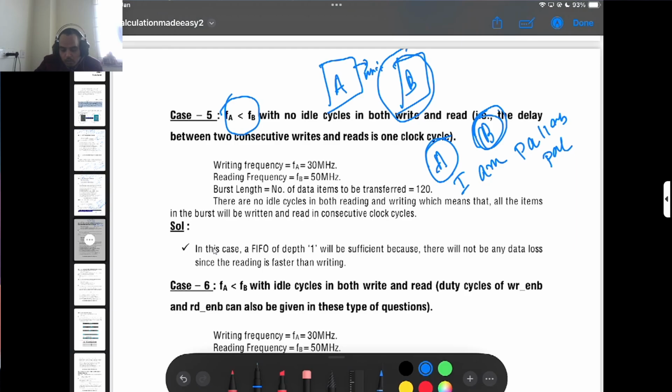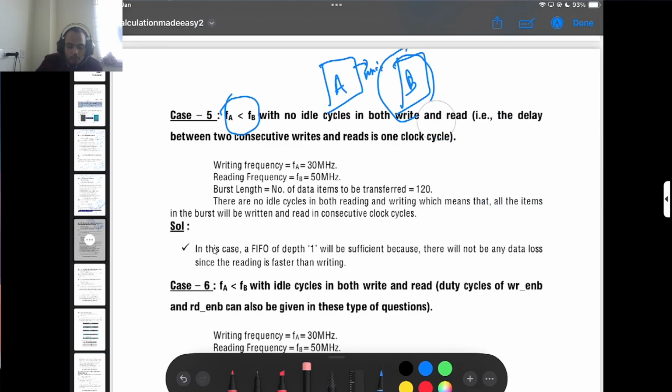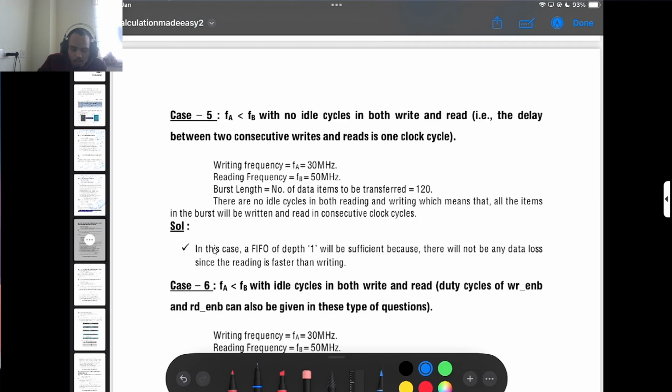So before I finish, he has already understood. When I write A, he speaks A. So this is not a problem anymore, because the reading speed is much higher than FA.